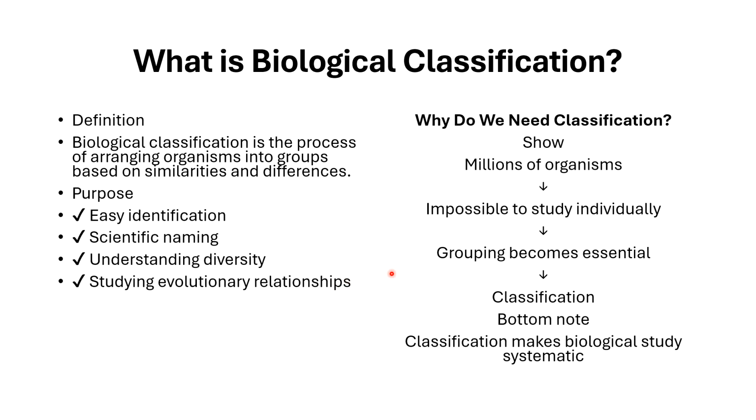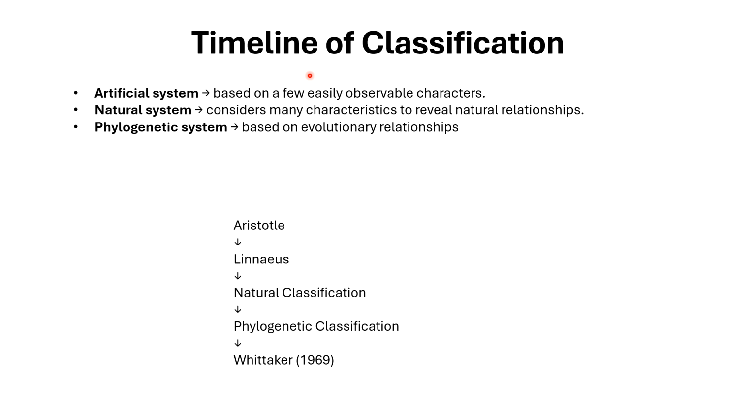Is that clear? If you look at the timeline of classification, initially when the scientists started, they just picked up some easily observable characters. So that type of classification system is called artificial classification system. Okay. Then came the natural system, wherein scientists considered many characters to reveal natural relationships between the organisms.